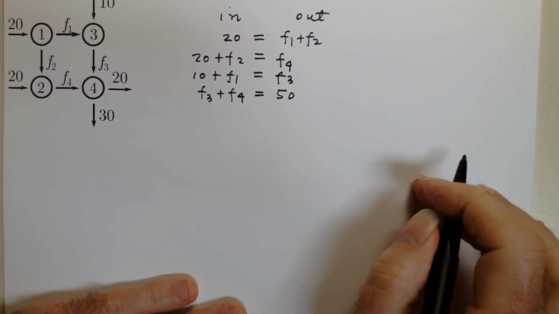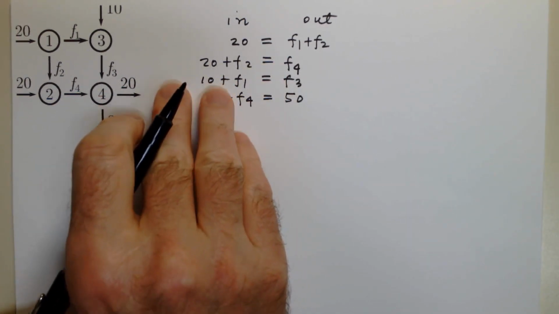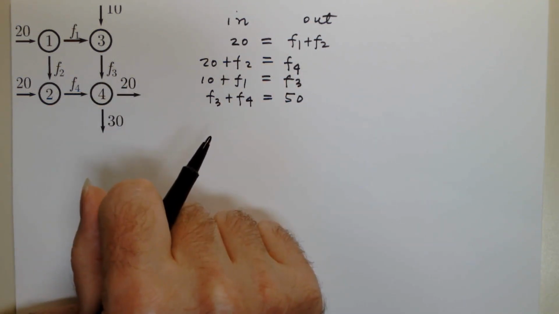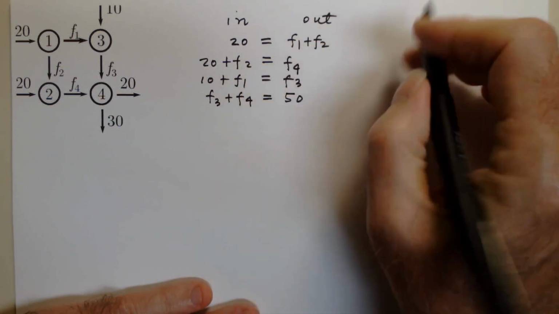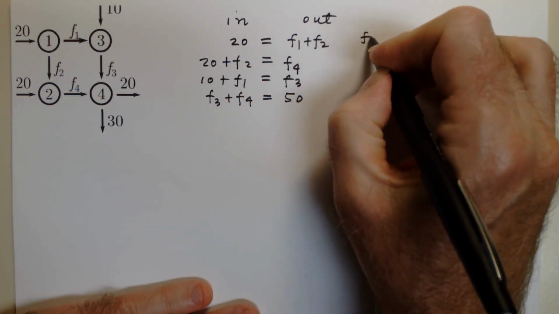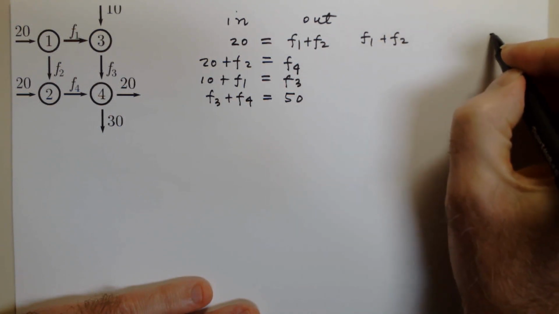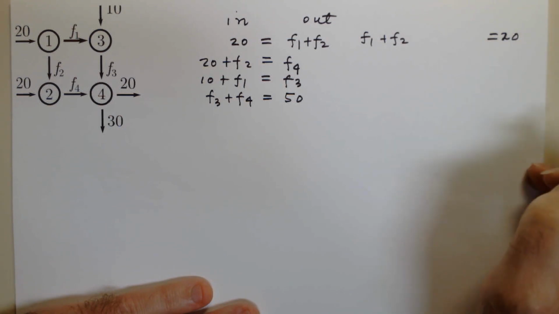All right, now what I want to do is rewrite these equations with, let's say, the unknown F's, F1 through F4, on the left and all of the constants on the right. So what are we going to see? We're going to see something like this. We'll have, for instance, this first equation could be written as F1 plus F2, I'm going to leave some space here, equals 20. Okay?